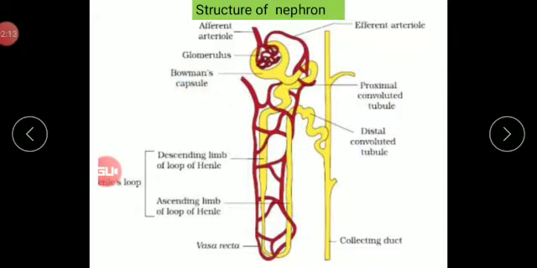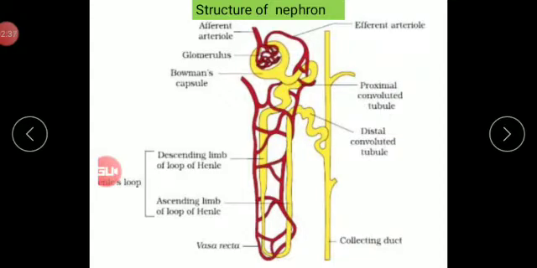So the visceral layer is highly involved in filtration of urine. The parietal layer of the Bowman's capsule is made up of squamous epithelium surrounded by a reticulum of fibers. There is no role in filtration of urine in the parietal layer. It is concerned only with the visceral layer.